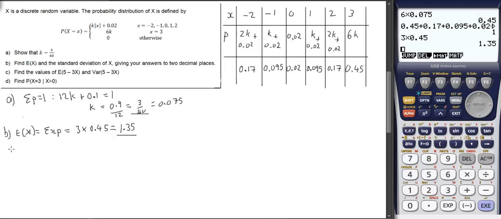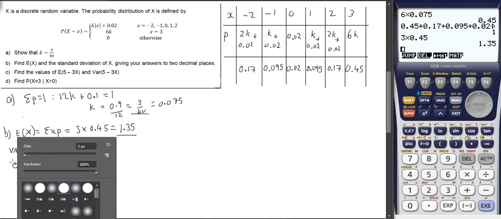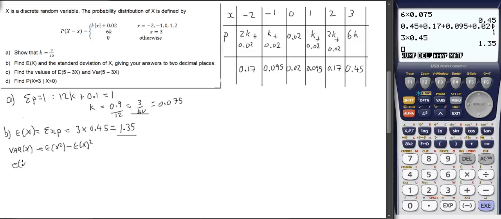Now to find the standard deviation, again we're going to use this formula that the variance of x is E of x squared minus E of x all squared. So we need E of x squared. So we're going to square each x value and multiply it by its corresponding probability.